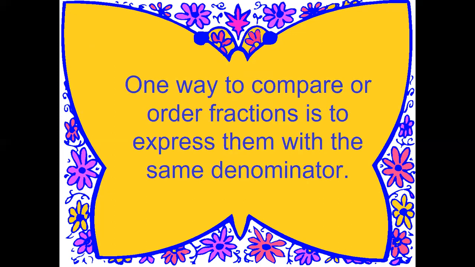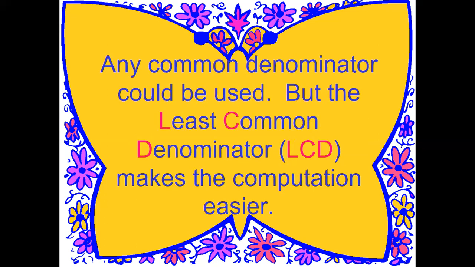All right, so one way to compare or order fractions is to express them with the same denominator. And remember, your denominator is the number at the bottom. That is the number under the fraction bar.